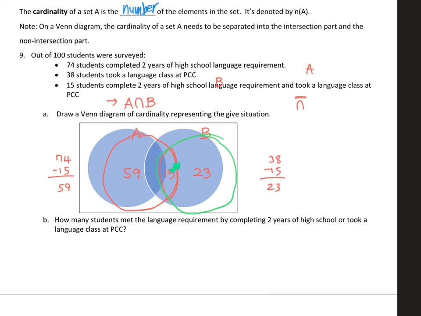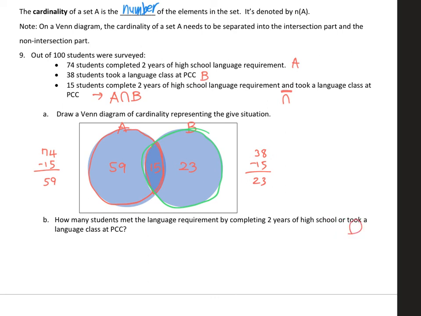So if I go back to set A, these 59 people took 2 years of high school, but they're not in B. So it means they didn't take a language at PCC. All right, so how many students met the language requirement by completing 2 years of high school or took a language at PCC?